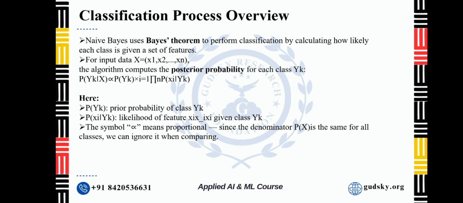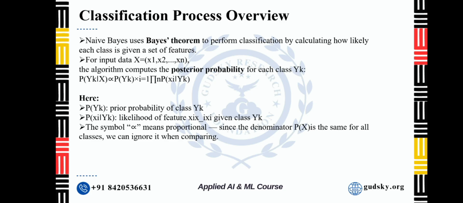P of xi given y k is the likelihood, how likely each word or feature is given the class. For instance, how often 'offer' appears in spam emails. So we multiply all these likelihoods together with the prior. The symbol alpha means proportional to.